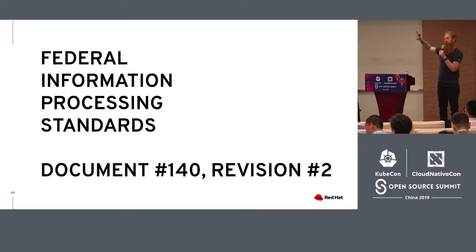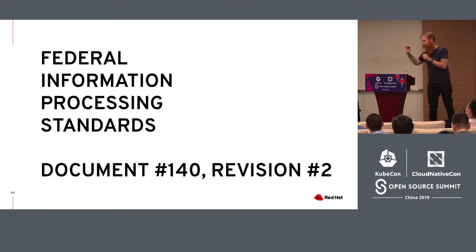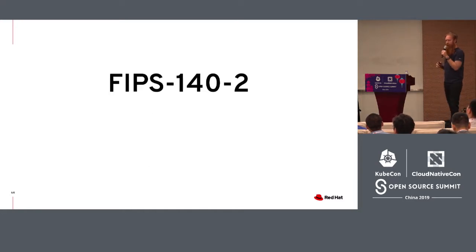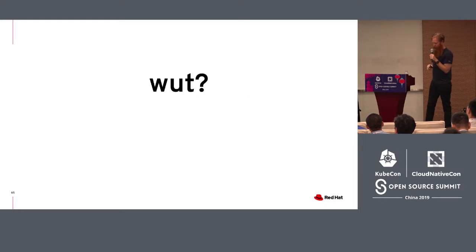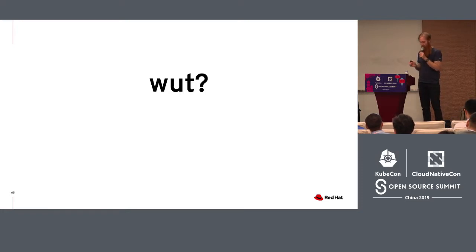So within the US, actually the US and Canada, there's this thing called the Federal Information Processing Standards. Document number 140, revision number 2, also known as FIPS 140-2. What? So the correct look for this is a glassy-eyed stare, dreaming of something far less boring than government regulation.